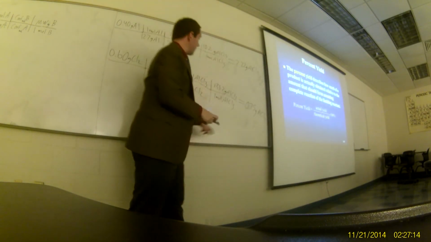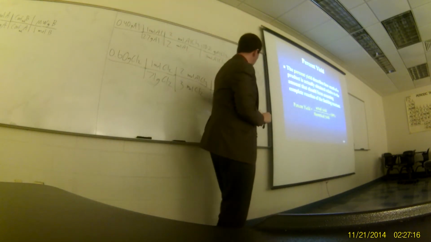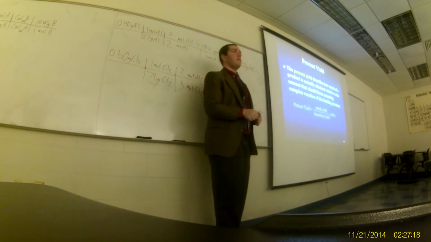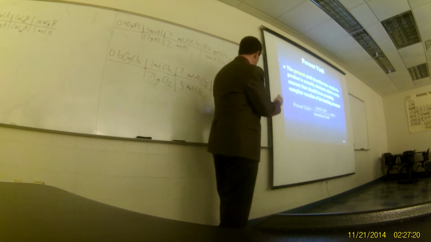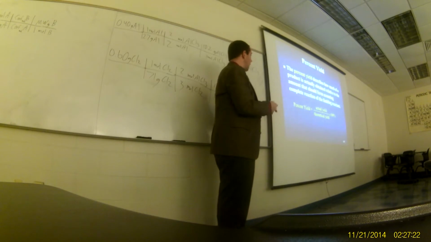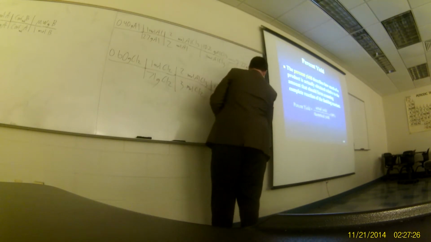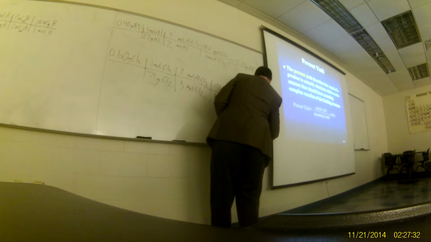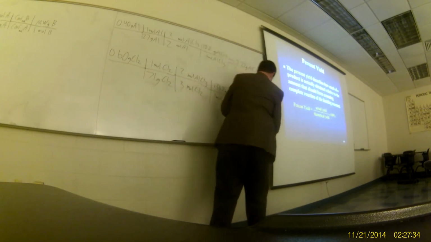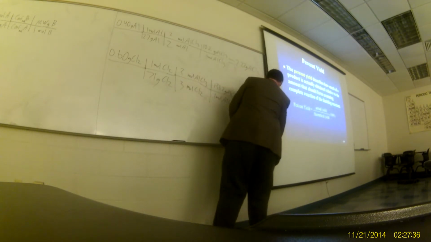So in this case, our theoretical yield was 0.75 grams. If I said you did this in lab and you got 0.5 grams, your percent yield is 0.5 divided by 0.75 times 100 is 66.6%.